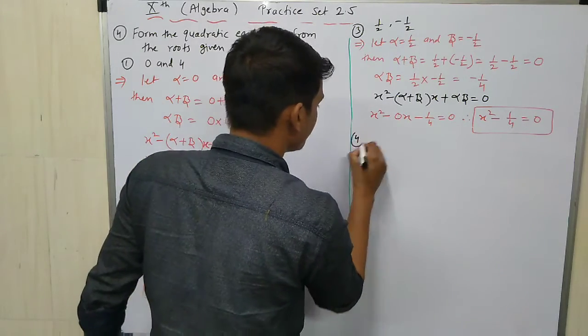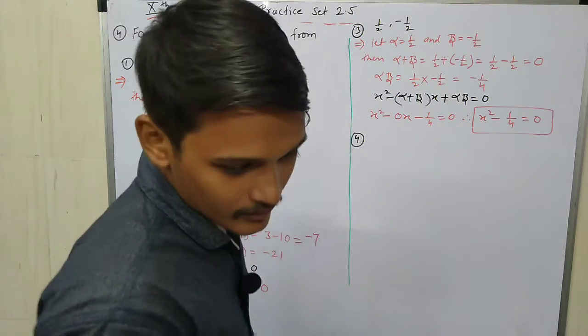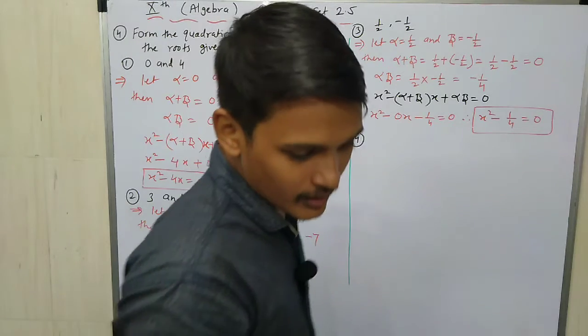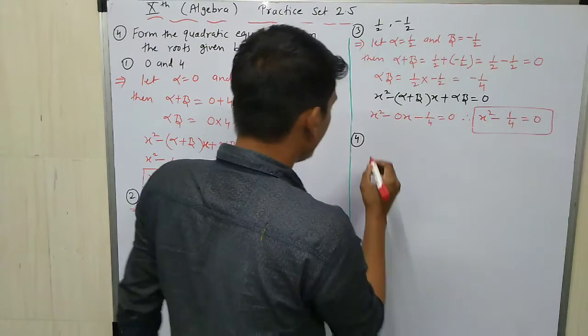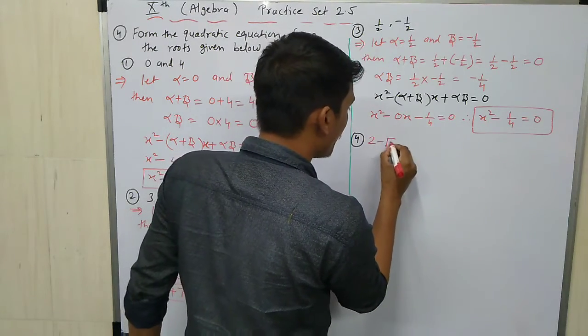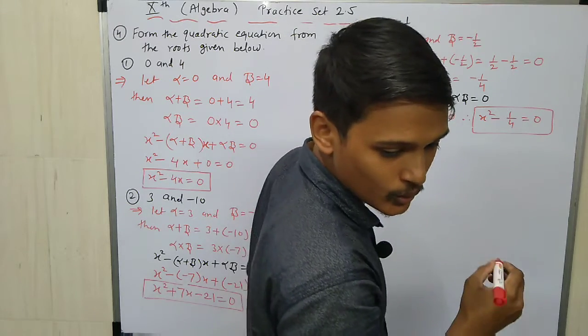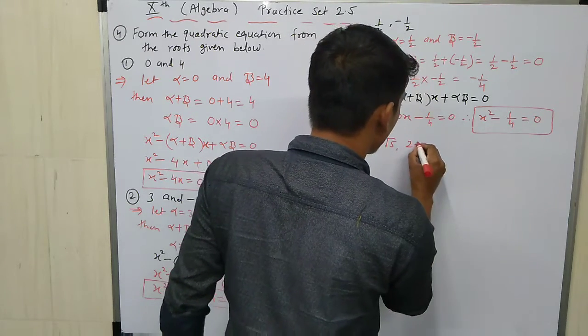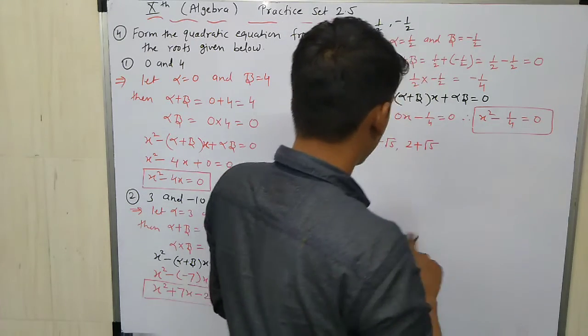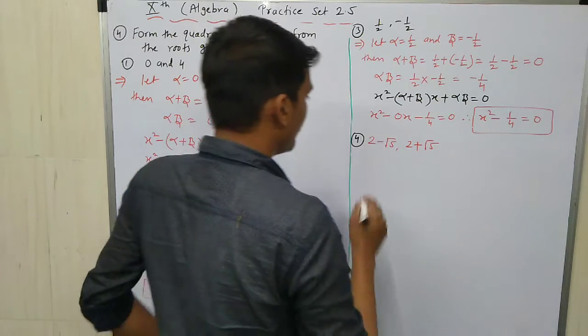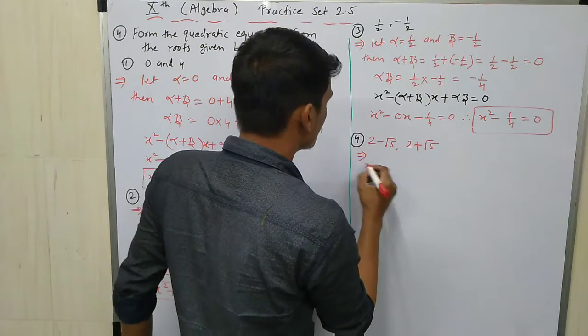Now question number 4. 2 minus root 5 and 2 plus root 5. This is your question. Then solve it.